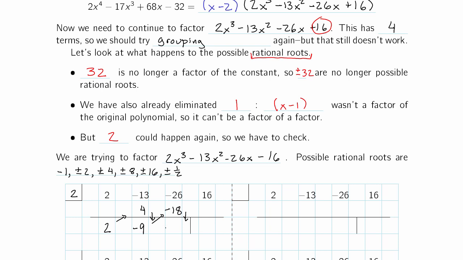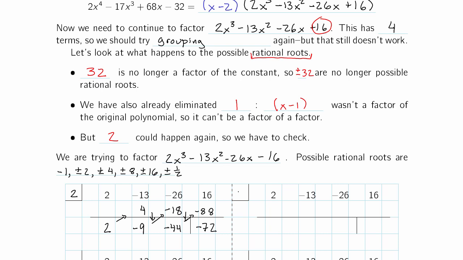We have negative 44. Times 2 is negative 88. Plus 16 is negative 72. Okay, well that's no good. We can either continue to try positive integers, or try some negative integers, or try 1/2, but I'm not going to try 1/2 because I would rather not deal with them.